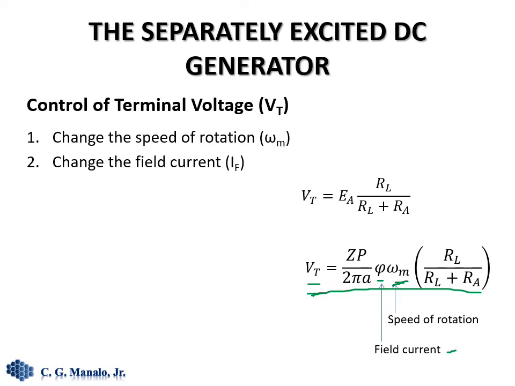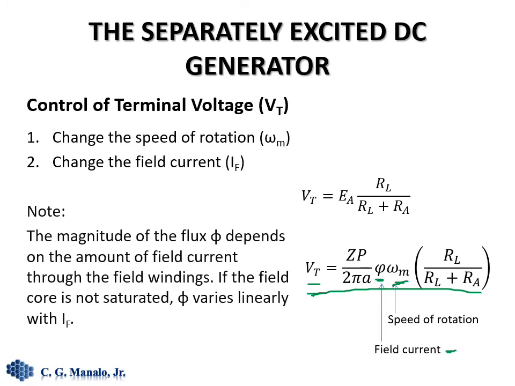As long as the field poles are not saturated, we can have a decent amount of change for any change in the field current. So the magnitude of the flux depends on the amount of field current, assuming the core of the field poles is not saturated.